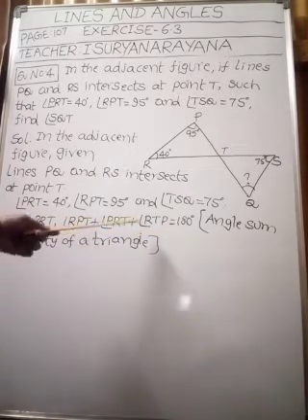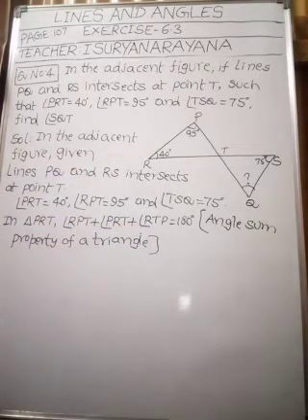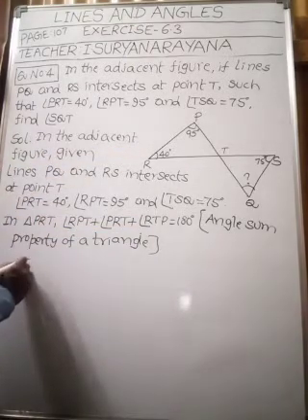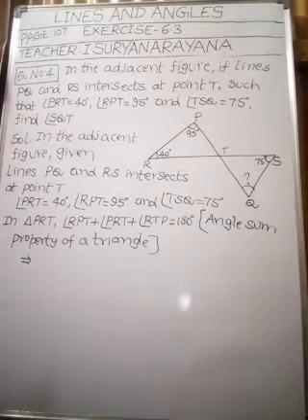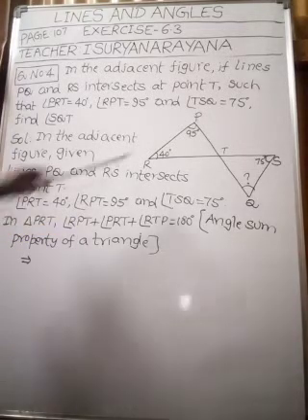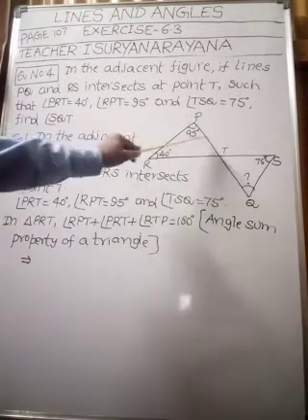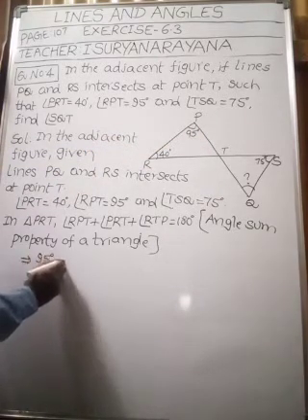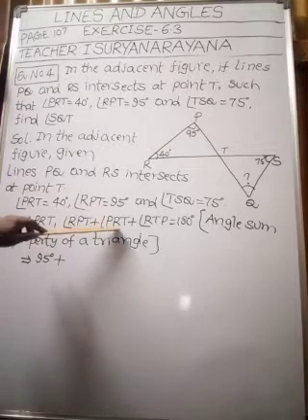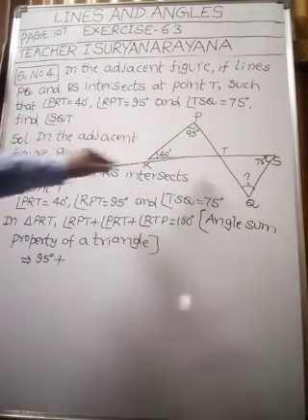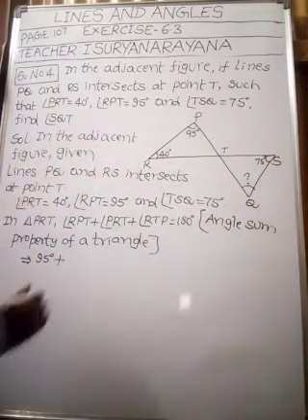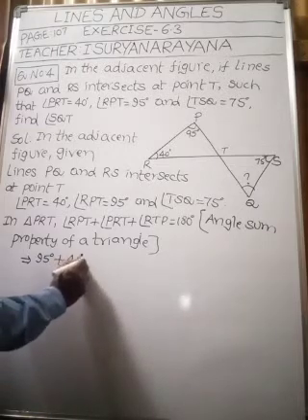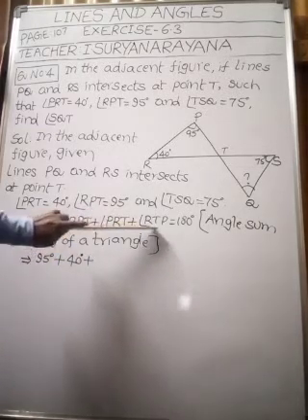Right. In this step, we substitute the measurement of the given angles. This implies angle RPT. What is the measurement of that angle? 95 degrees. Plus angle PRT. What is the measurement of this angle? 40 degrees. Plus angle RTP.